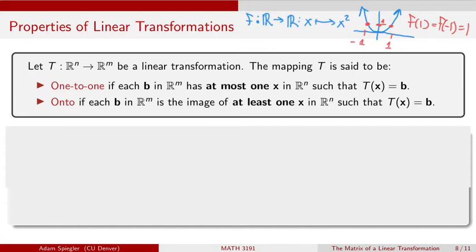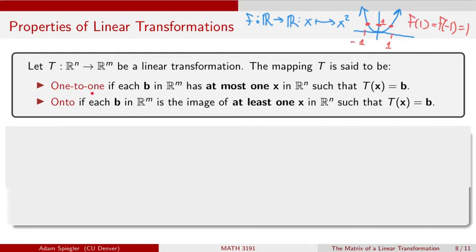We have the same terminology for linear transformations. So if we go up to higher dimensions, now T is mapping from Rn over into Rm, and we know that T is a linear transformation. This map is said to be one-to-one, which you also may have referred to as being injective.